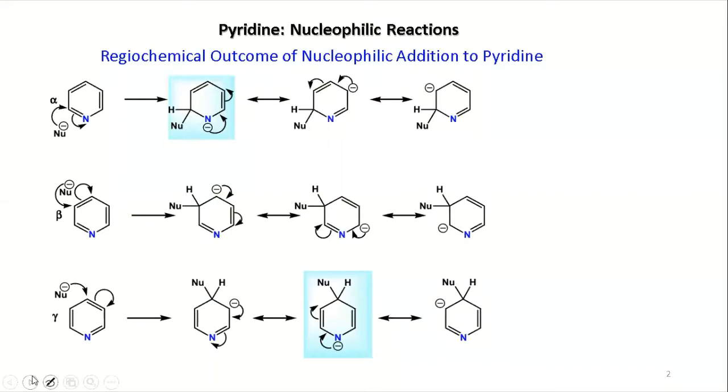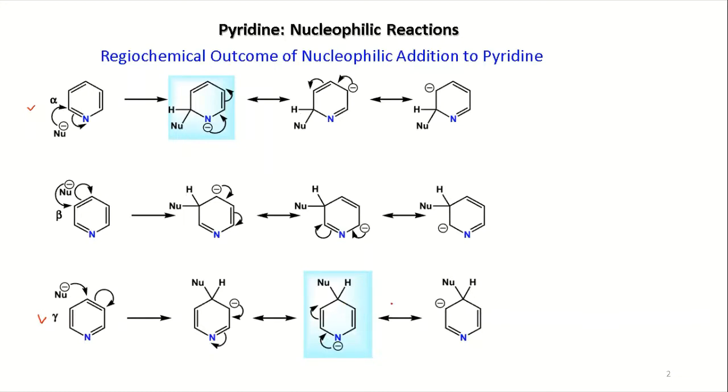What is happening at the gamma? If you allow the nucleophile to attack at the gamma center, and you do the electron movement, we find a situation with one resonating structure having the anionic charge on nitrogen. So what we find from these different resonating structures, due to the attack of the nucleophile at the different positions, alpha, beta, and gamma, is that only the alpha and the gamma behave in a similar way.